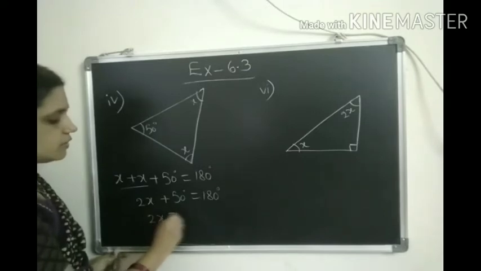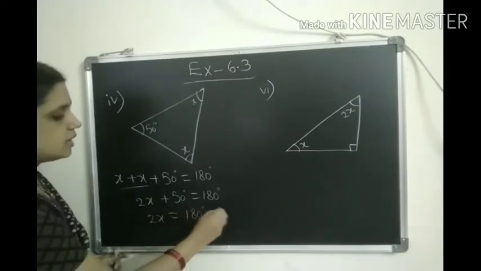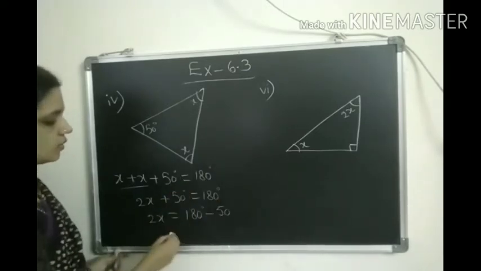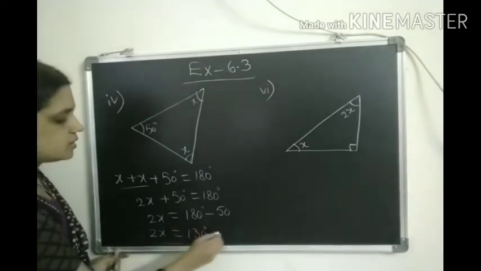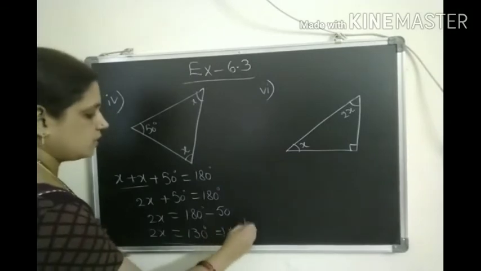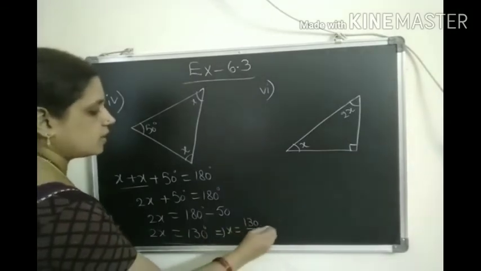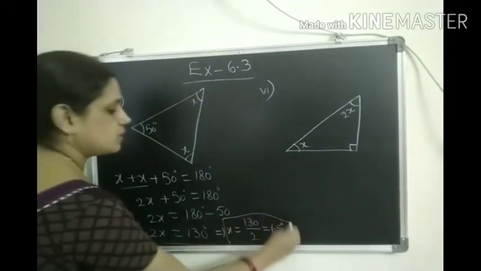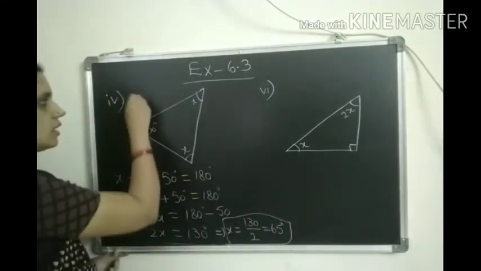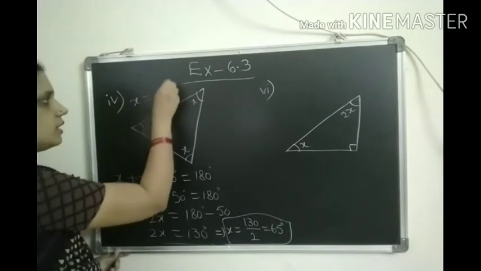So 2x what you will get? 180 minus 50. So 2x equal to 130. So x equal to 130 by 2, that is 65 degrees. Okay. So here x equal to 65 degrees we got.